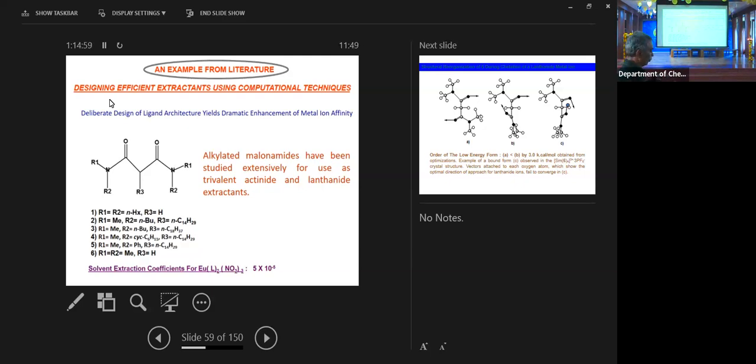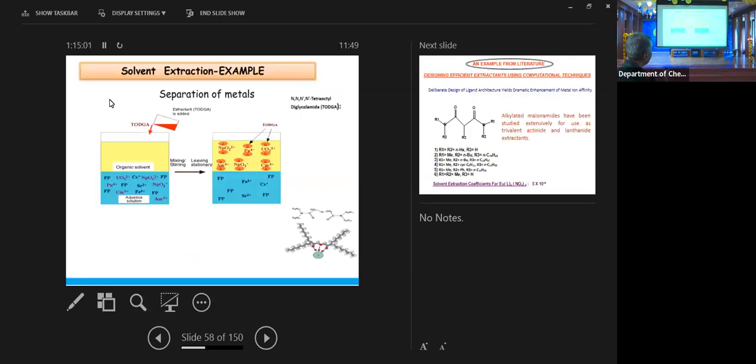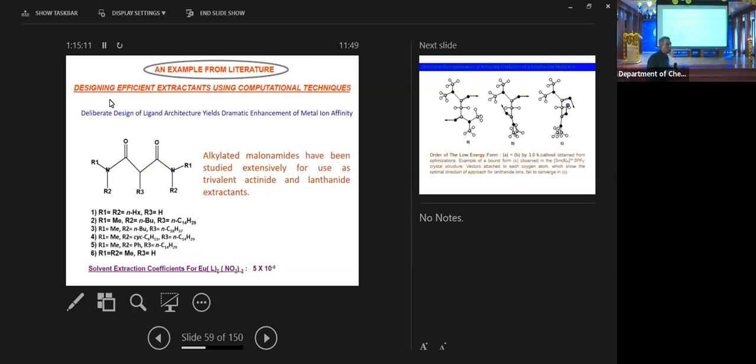I just showed you one example, to make myself clear, of how the solvent extraction takes place here, which is nothing but oxygen atoms picking up the metal. And here I am talking about specific metal complexes, like actinide and lanthanide extractants, using this molecule for extraction with different R2 and R3 groups. I'm not going into the depth of that.